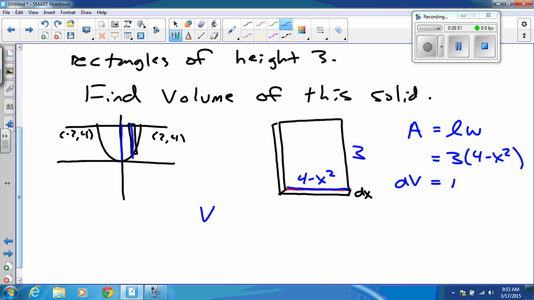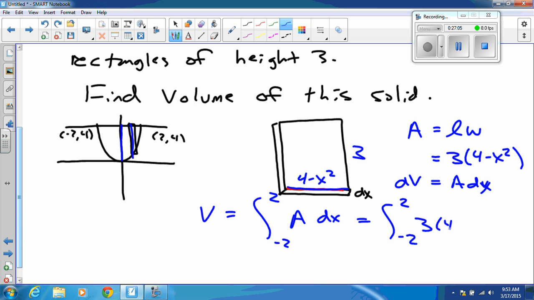Finally, my differential element of volume is area times dx, and therefore the volume itself is going to be the integral from the first x to the last x of area dx, or the integral from -2 to 2 of 3 times quantity 4 minus x squared dx.